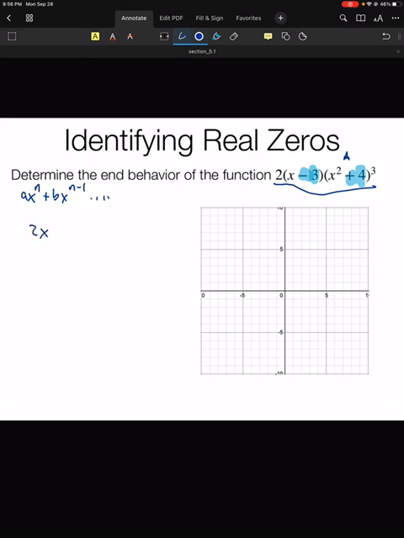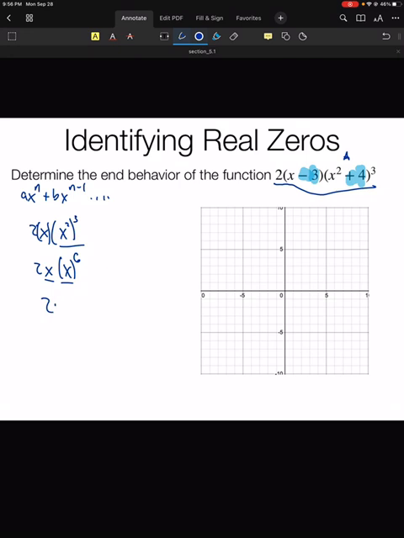And so really we want to be considering 2x times x squared cubed. Okay, and so then we need to work with the fact that we have x squared raised to the cubed power. It turns out that you multiply those exponents, and so you get 2x times x to the 6th power.